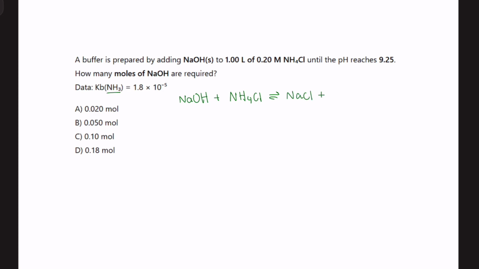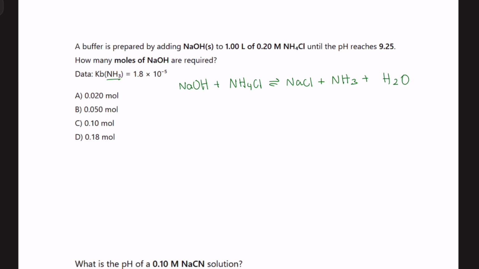We know that we have to produce some NH3, and then what's left over, we make H2O. And then this NH3 is going to react with water to produce NH4 plus and OH minus.